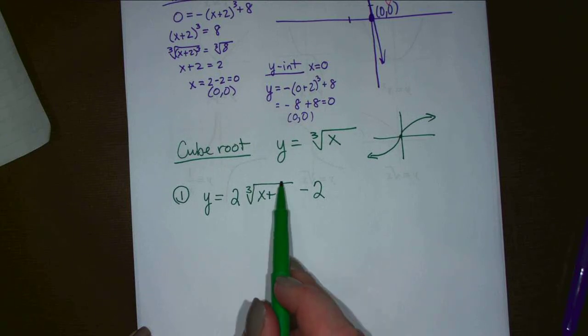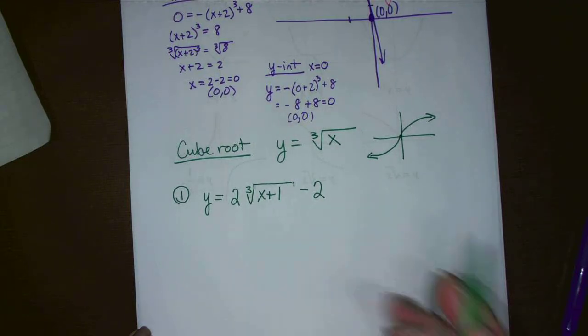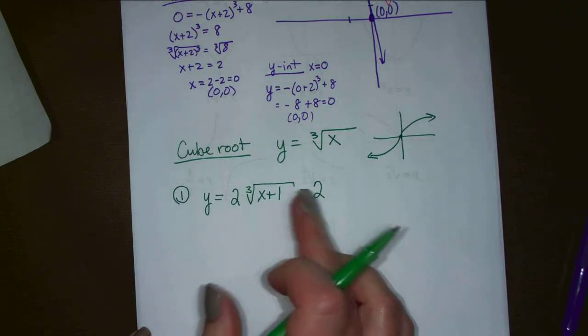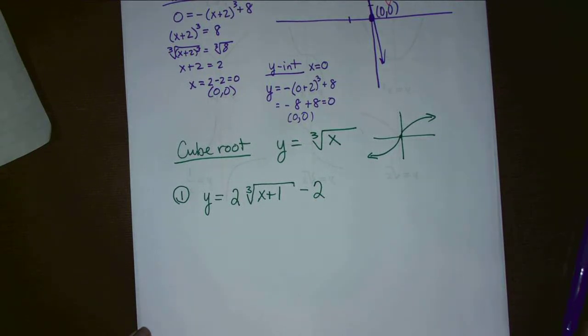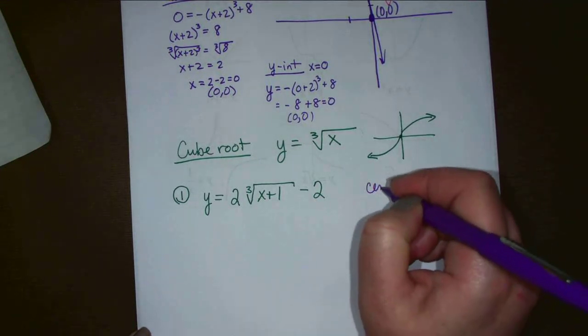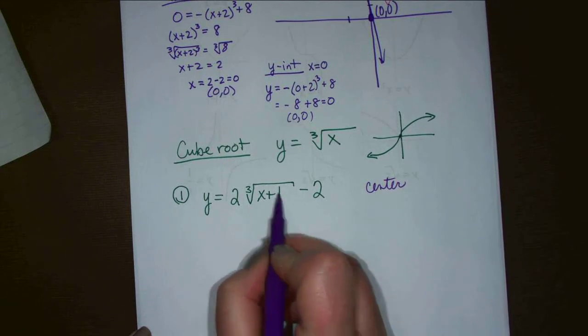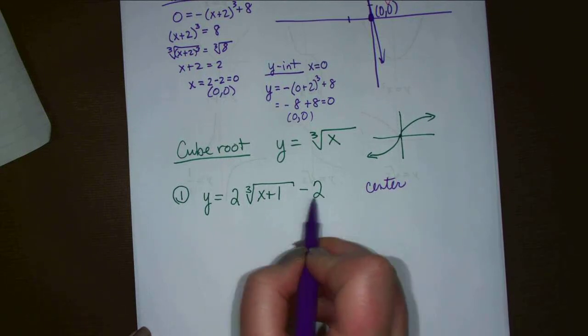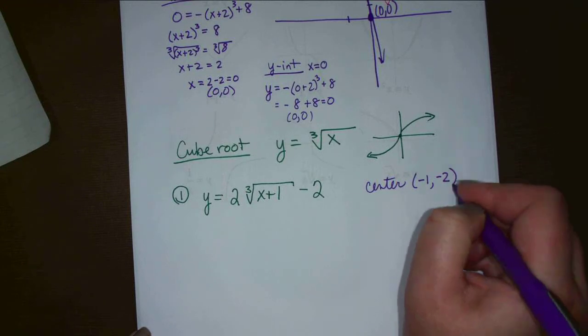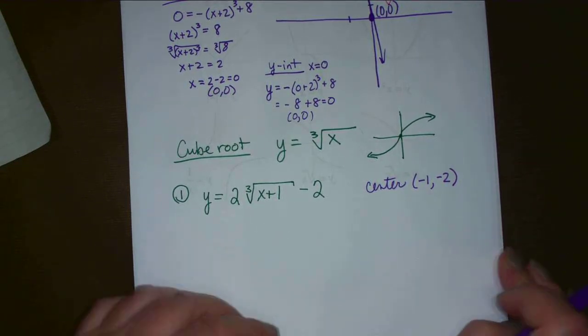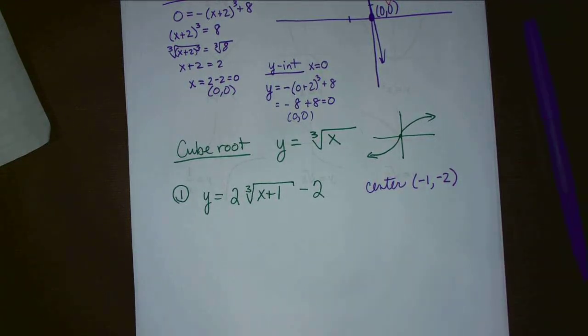X plus 1 is under the cube root, and then minus 2. Yes, your center is still negative 1, negative 2. Now what does that 2 do in front? That is like the slope. It's like mx plus b. It changes the steepness of it.